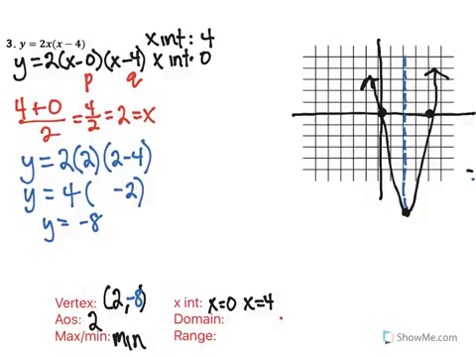Okay, domain. How wide will my graph go? What numbers will it eventually hit? All real numbers. I have to turn my iPad to the side because otherwise I cannot make a proper infinity. An 8 sideways. Perfect infinity.